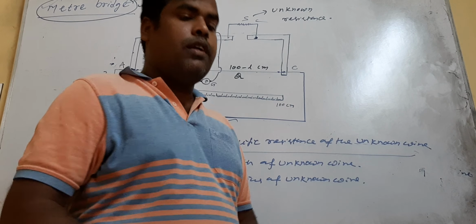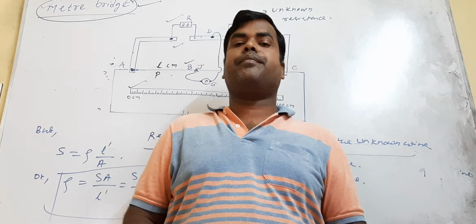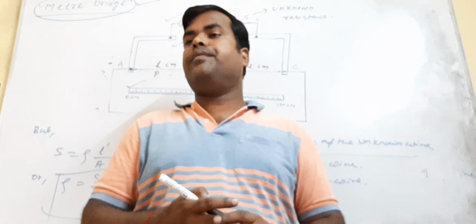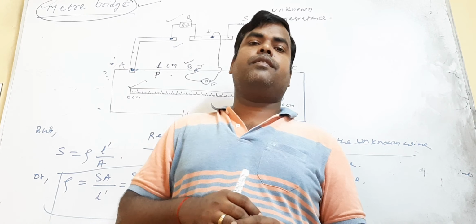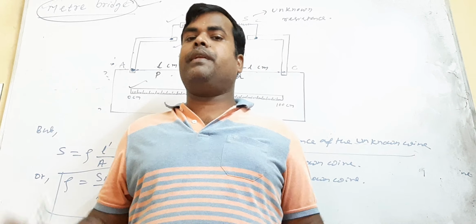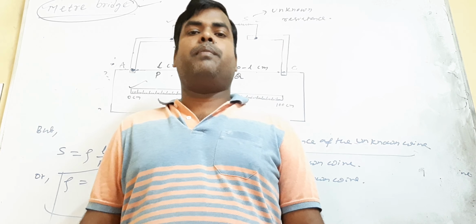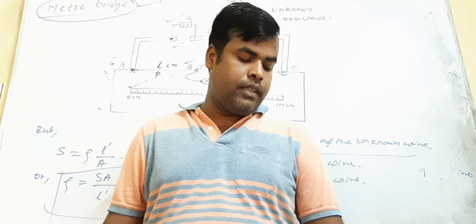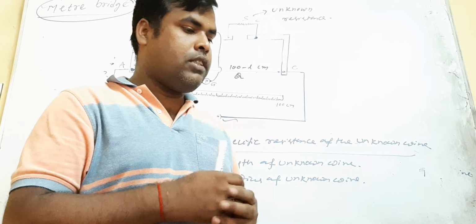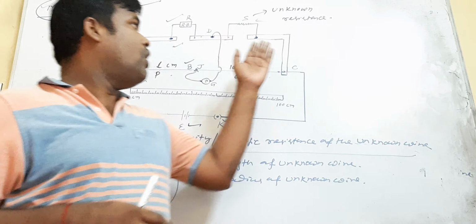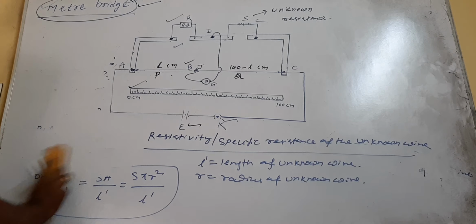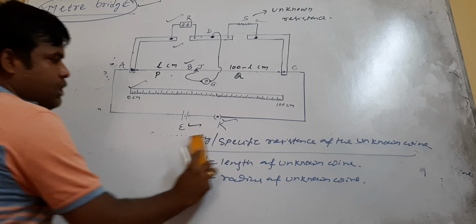This completes your meter bridge. You remember, upon this concept the meter bridge has 2 experiments in our practical syllabus. So let us discuss some most important questions on meter bridge.